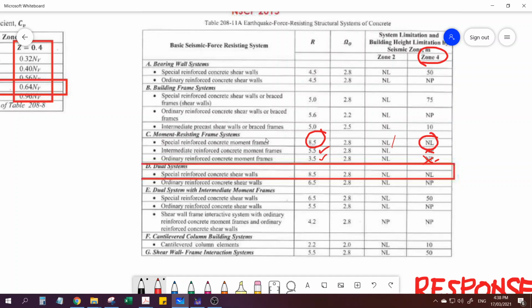Okay? So, special moment frame because our lateral resisting system is purely girder and column. So, we call this moment frame.